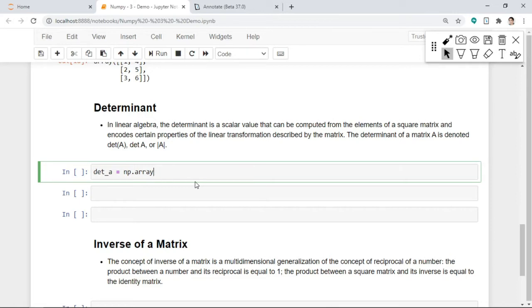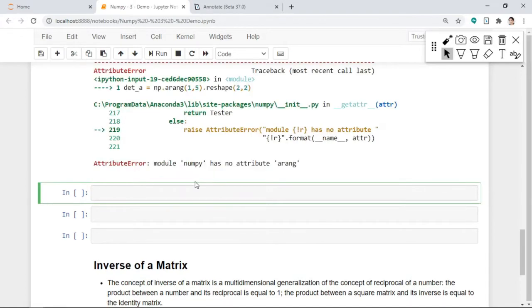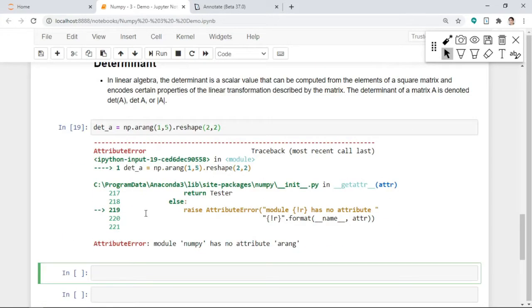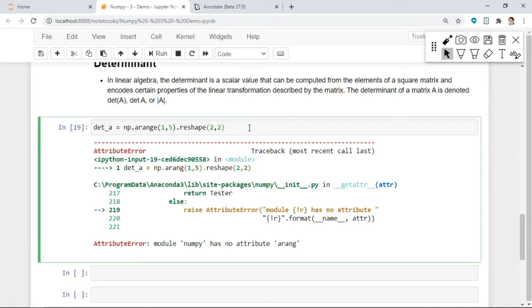So let's do that. So NP arrange. So generate from 1 to 5. Okay. Then we reshape. So we have a 2 by 2 matrix. So NP dot arrange. I'm sorry.